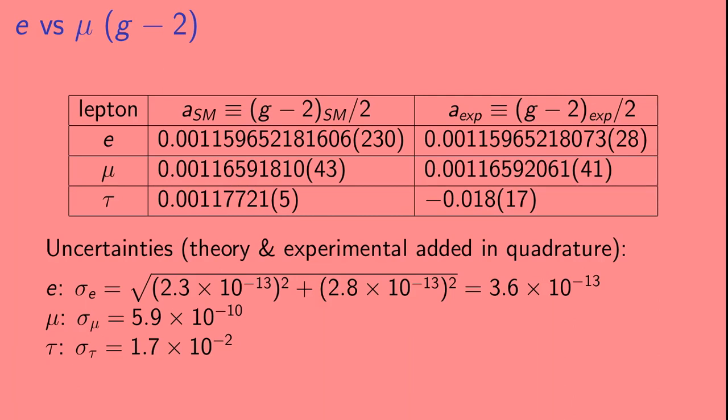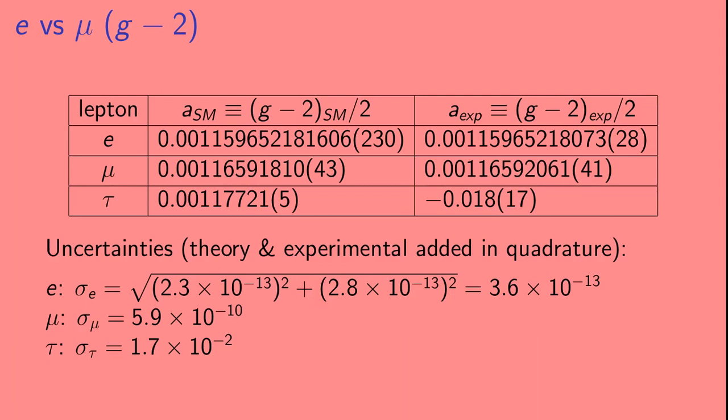To get this, we take the uncertainties on the prediction and on the experimental value and add them in quadrature. This means that we square each of the uncertainties, add them, and take the square root of the result. We'll call each of these resulting uncertainties sigma.